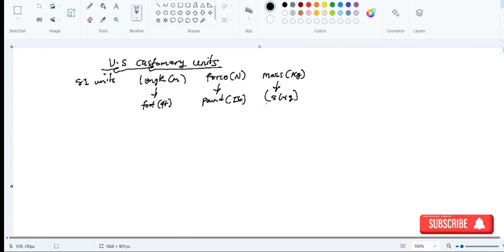Okay, so that's it for the US customary measurements, and also we can look at some conversion factors or rates.